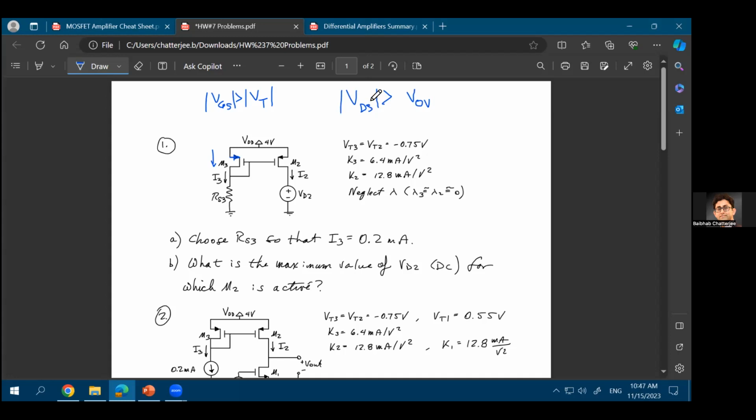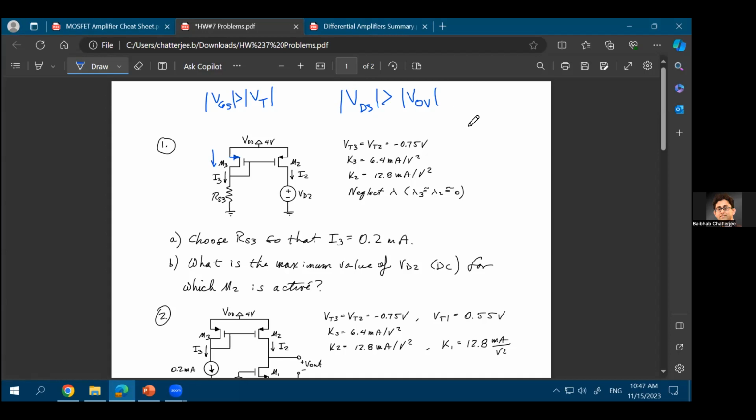Because remember, for the PMOS, the drain potential is at a lower voltage than the source. So VDS is negative for a PMOS, but VSD is positive. Also, the absolute value of VDS is positive. So you just take the absolute value. That makes your life much simpler. So that's all the equation that you need to apply for a PMOS.